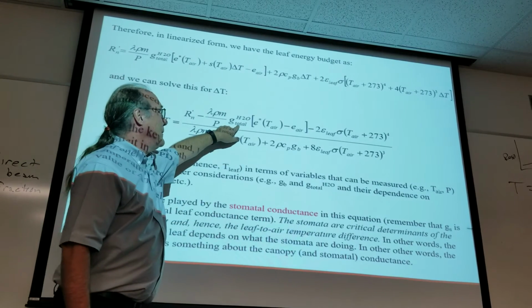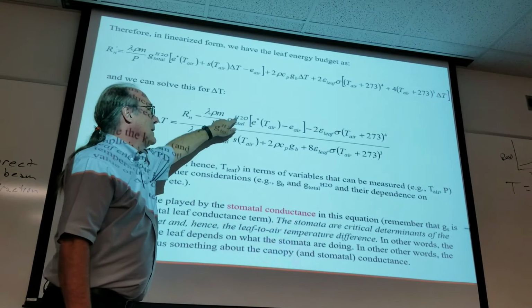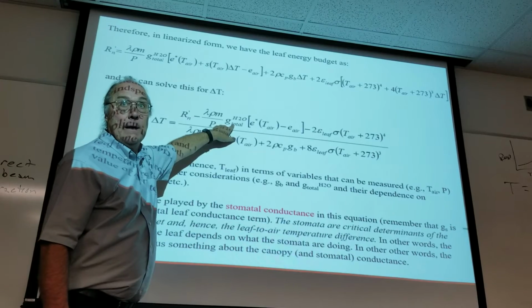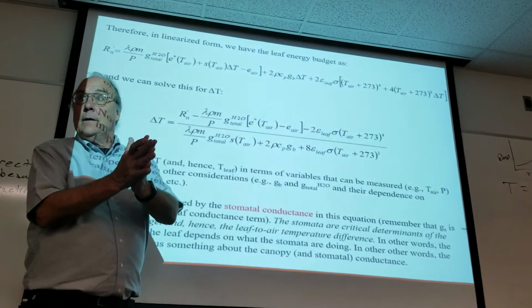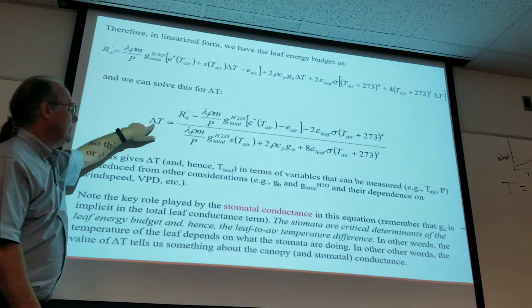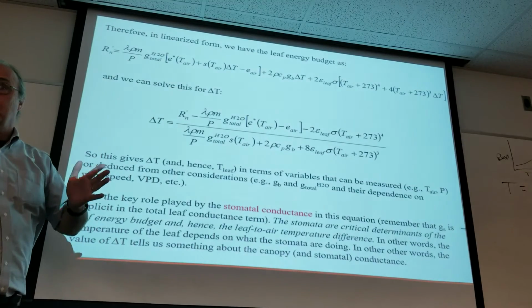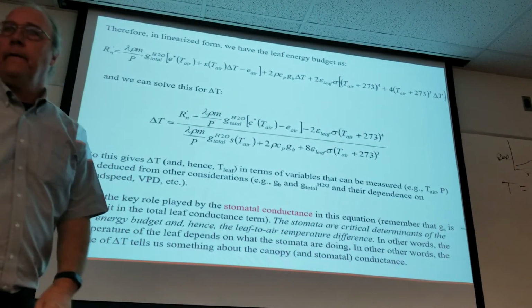Right, so here we have the total leaf conductance for water vapor. Stomatal conductance is implicit in these terms, right? And so if the stomata are open or closed, it has a huge effect on the value of this delta T, the difference between the leaf and the air temperature. Huge role to play in that.